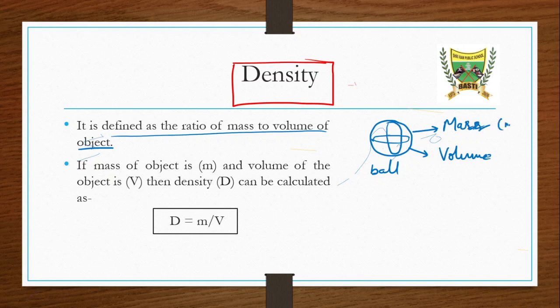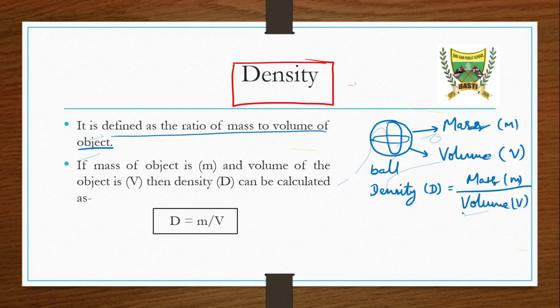When we get the two values, mass and volume, then the density of the ball will be calculated as mass m divided by its volume v.